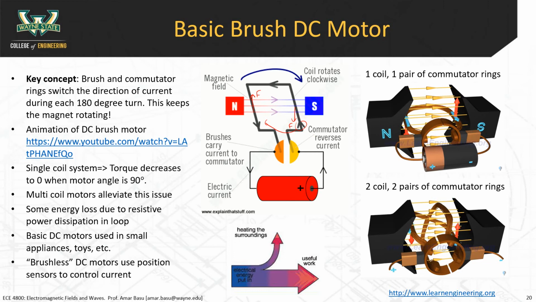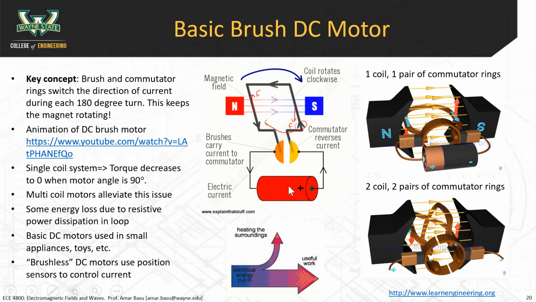In order for you to keep the torque going as the motor turns, you have to reverse the direction of the current. Every time it rotates 180 degrees, you have to reverse the direction of the current. And that is the job of the commutator. The way the commutator works is that you imagine just having a piece of metal like this, a piece of metal like this, and as the loop turns, the two ends of the loop switch the direction in which they're connected to the battery or the circuit.